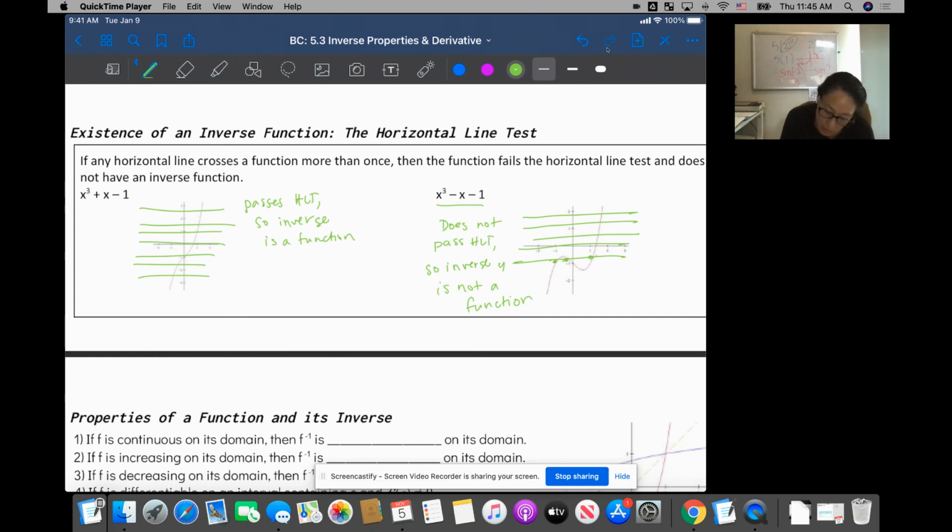So I could restrict the domain to, let's say, when x is greater than 1, and then all of this blue part would not exist, and then that graph would pass the horizontal line test. Oh, maybe it wouldn't. We could do x is greater than 2. Okay, and then anything up here would pass the horizontal line test. Then the inverse would be a function, but you would have to restrict the domain to get a function.